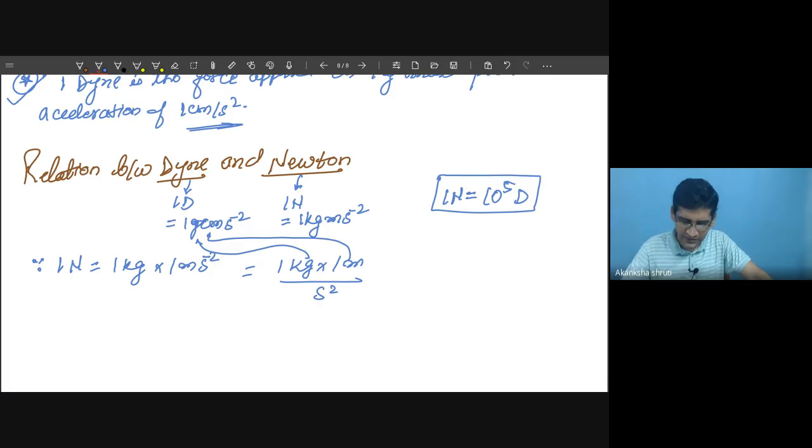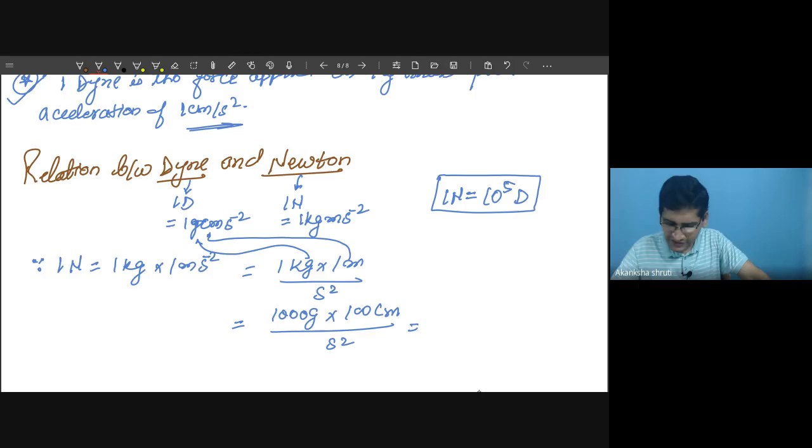So these two conversions are required. The relation between 1 kg and gram is that 1 kg is equal to 1000 gram, and 1 meter is equal to 100 centimeter. So this 1 meter can be replaced by 100 centimeter. Keep the second as it is because in both cases there is second. So second square as it is.